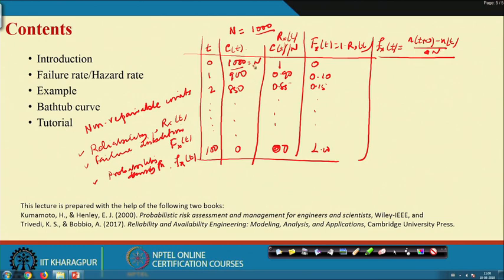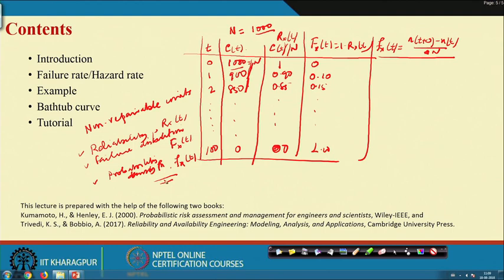If I consider these two, that means 100 units fell out of 1000 units, and in that manner you have computed f(t). When you go to the second time interval, you consider the difference between these two, and the third time interval likewise. That is how f(t) was computed.